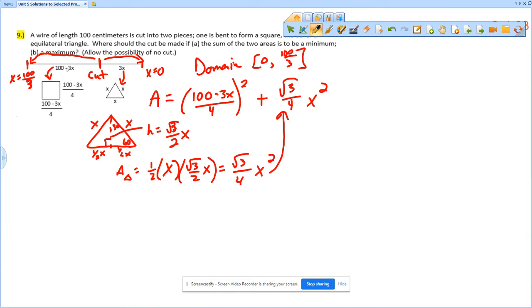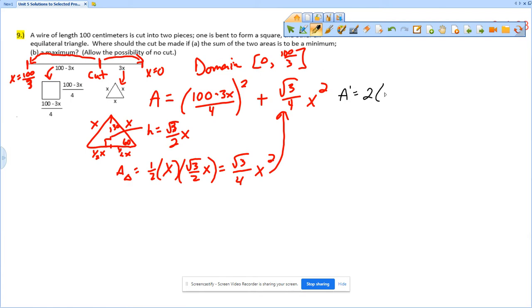And so we have a domain from 0 to 100 thirds, and so we are going to do the critical number test. So we want to take the derivative, of course. A prime is going to be, I choose to use the chain rule here.